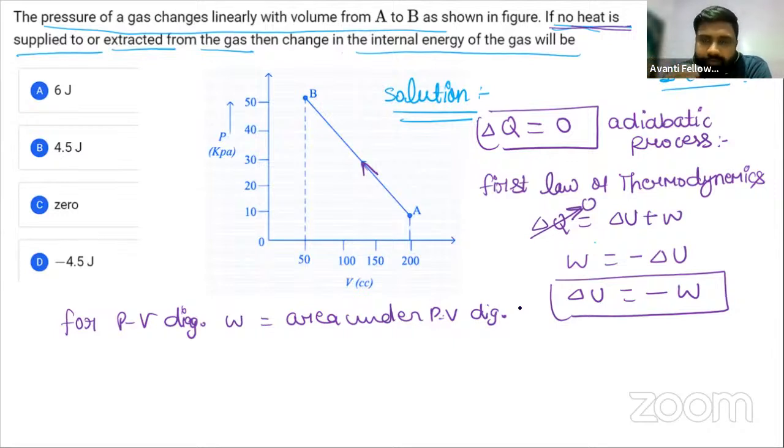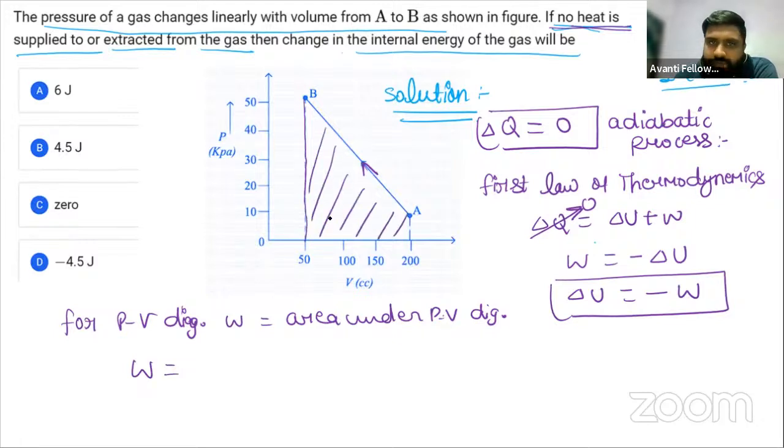So what we need to do is calculate the work done, which is the area under the PV curve. This is the complete area. Here you will see this part is a rectangle, and the part above is a triangle. So the work done is the sum of the area of this triangle and this rectangle.